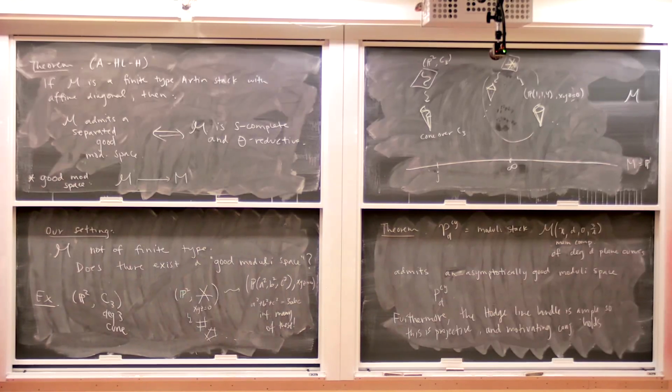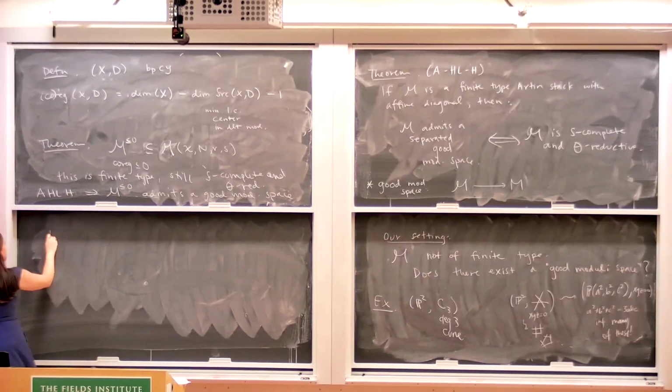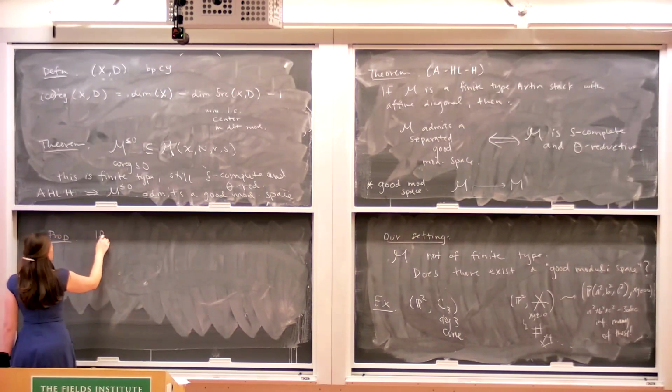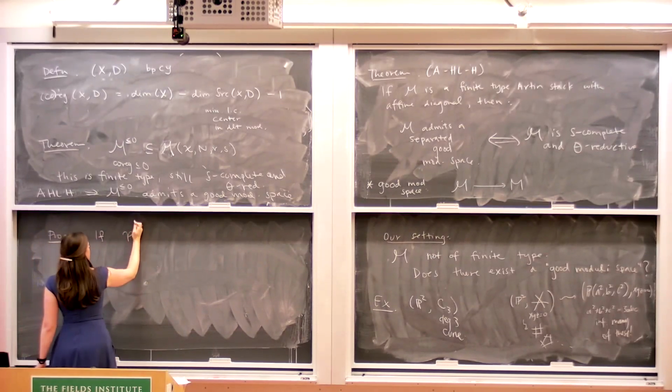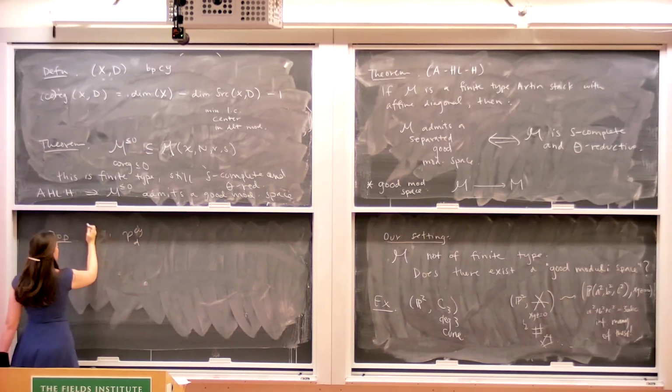So we only have to say that, I guess maybe this is a proposition, I don't know, proposition. If we're looking at this PD, PCYD, okay, let's try to make this an actual sentence.